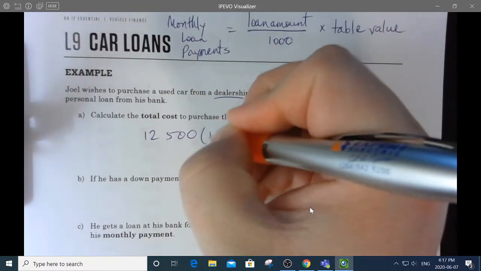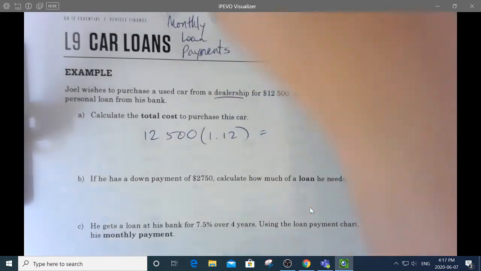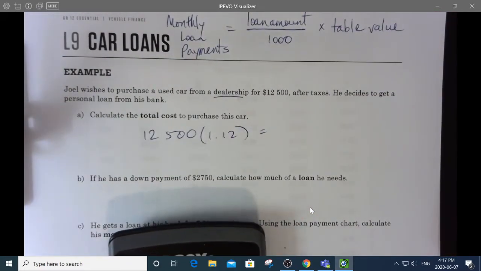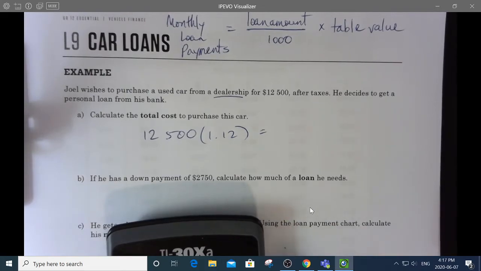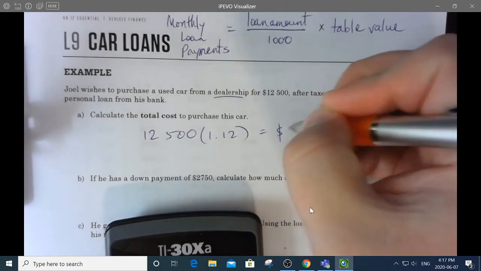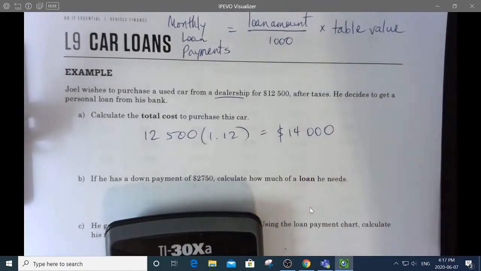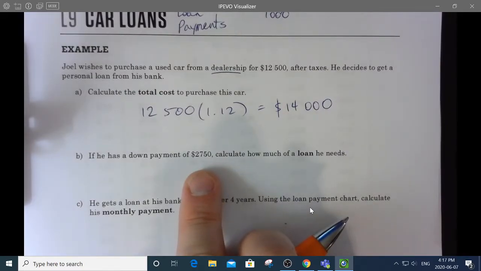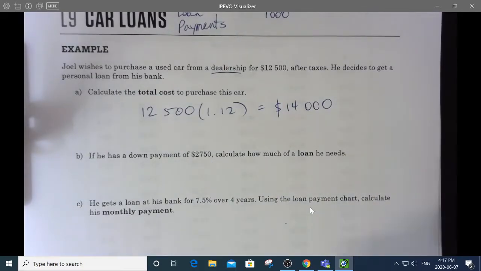Used cars pay both taxes, so PST and GST. So 12,500 times 1.12. Boom. That's $14,000.